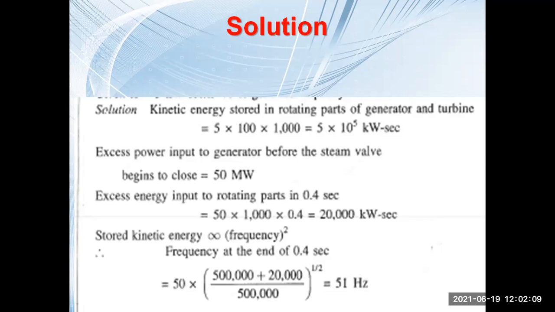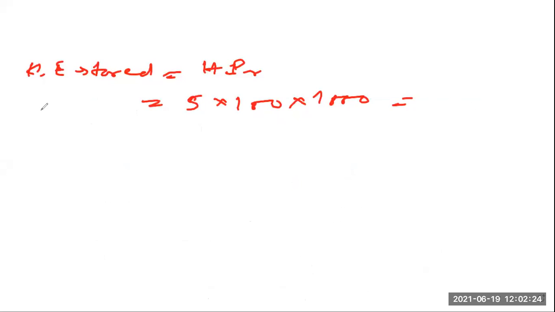So what will be the frequency at the end of the 0.4 second? Let us say when your frequency is F1, your kinetic energy is W1. Due to this excess energy input, the kinetic energy is W2 and the frequency is F2.